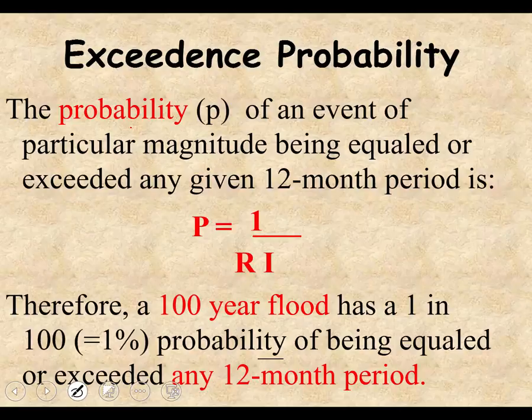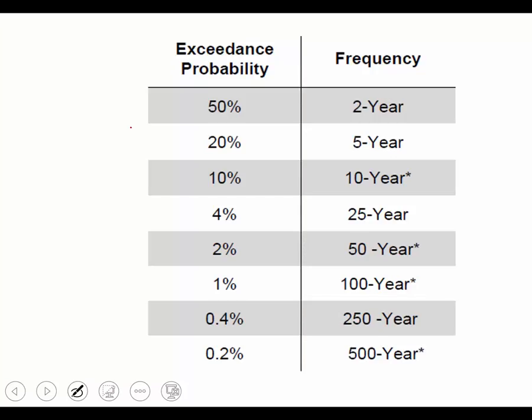So the 100-year flood has a 1 in 100 or a 1% exceedance probability, probability being equaled or exceeded during that 12-month period. Okay. So we could look at frequency, and we could look at exceedance probability. Now, one of the problems is a 10-year flood has a 10% probability of occurring.